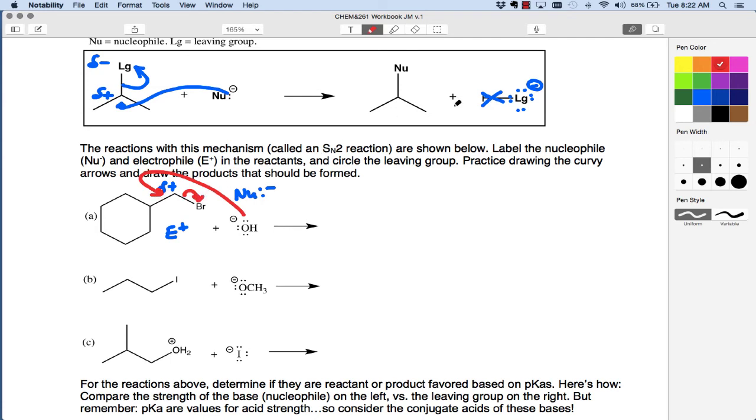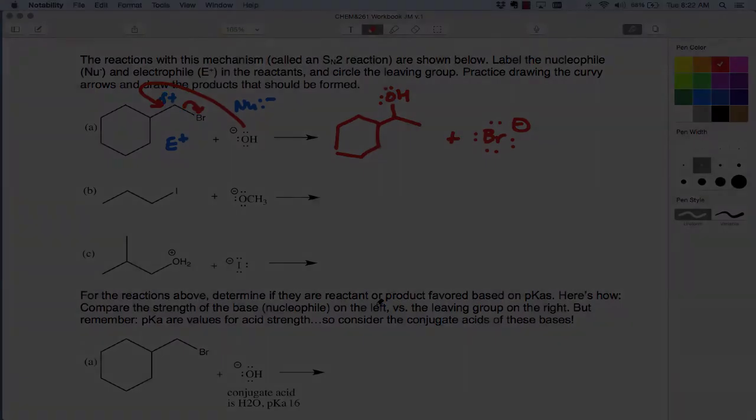So that gets me this molecule with a bromide leaving group. Okay, I'm drawing in all my lone pairs. I think it helps for you to identify. You see, the nucleophile is often very electron rich, so I think it helps a lot. All right, go ahead and practice doing that for each of these cases. Let's come back and check our answers.